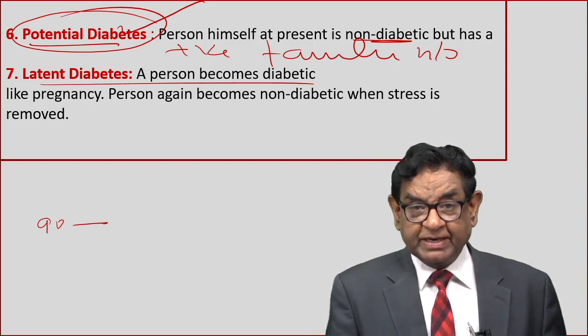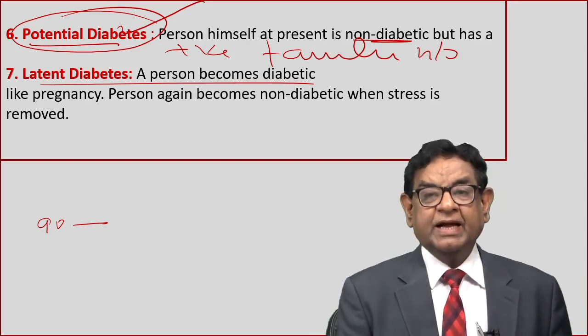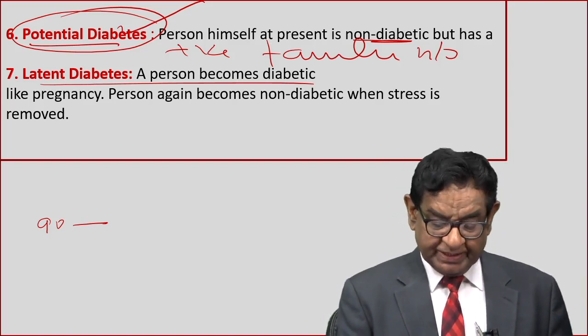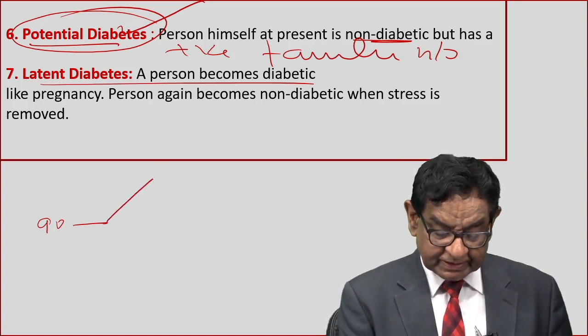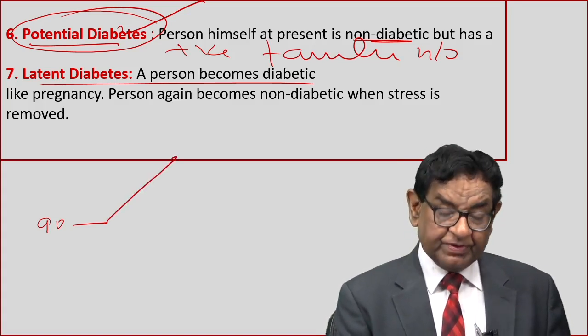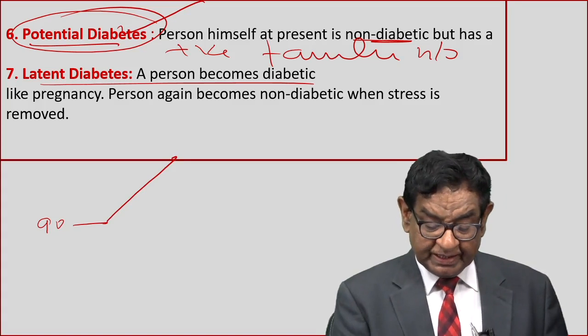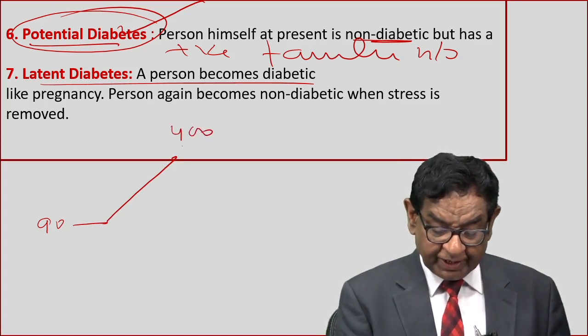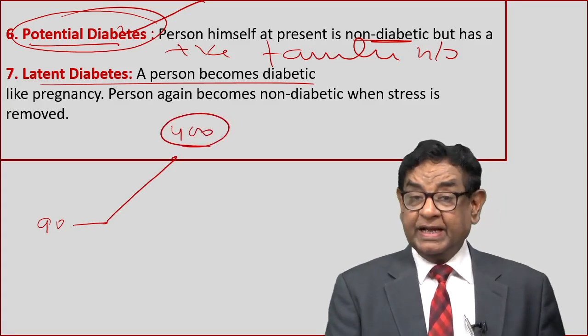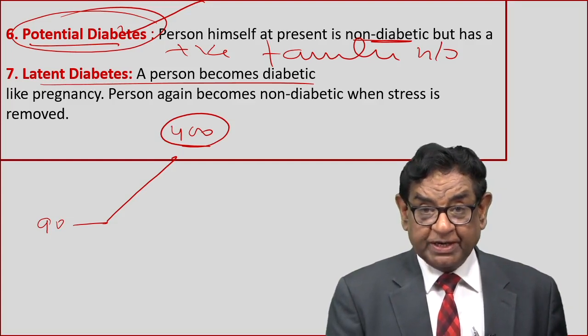We all know steroids can lead to hyperglycemia, and I ask him to come to me after a few days. He comes to me after a few days. Now when he comes back, I check his sugar. Now his blood sugar is 400. Well, I can make out that perhaps this could be steroid induced.